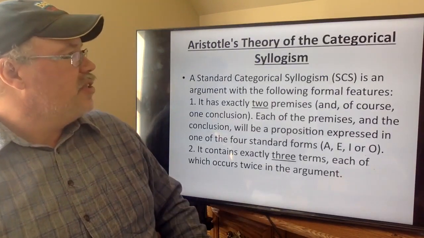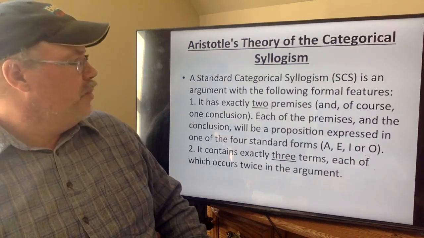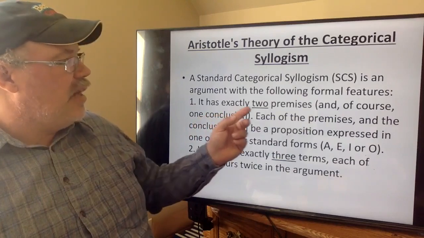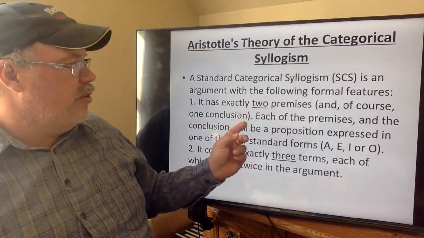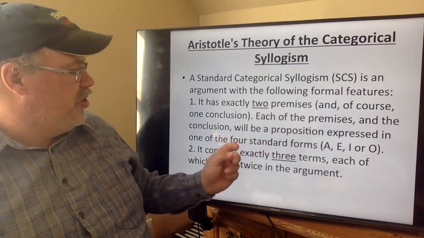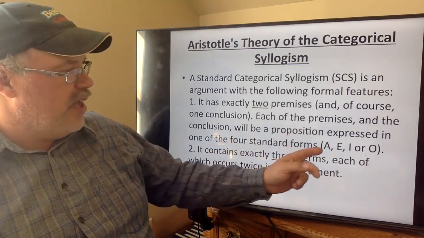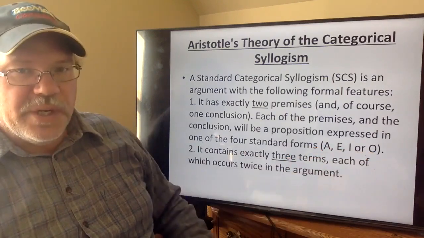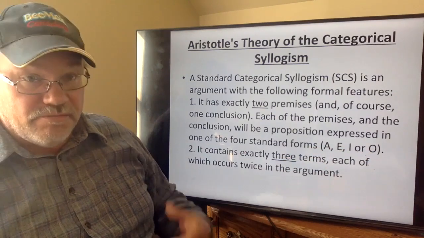So the standard categorical syllogism has these features. It has exactly two premises and one conclusion. Each of the premises and the conclusion is a proposition expressed in one of the four standard forms, A, E, I, or O. That's why we spent three videos learning how to get those.